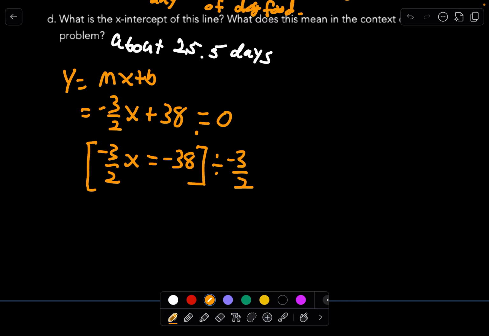So the reciprocal of negative 3/2 is 2 over negative 3, and we're going to multiply it on both sides. So I hope you're okay with it. So we are going to multiply it there, and dividing by negative 3/2 is multiplying by the reciprocal.